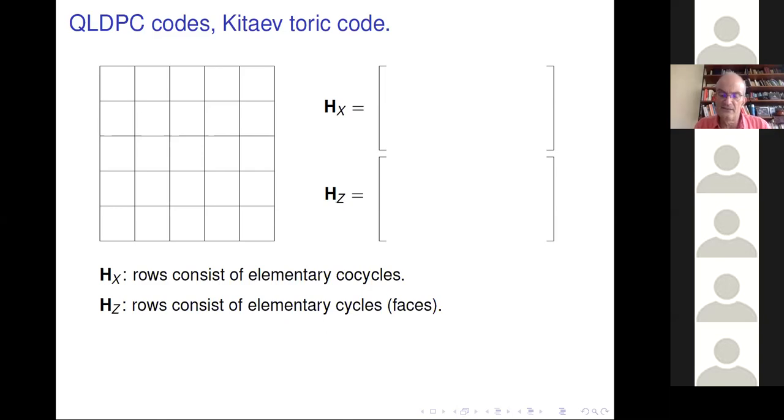And probably the mother of all quantum LDPC codes, the Kitaev toric code, fits this bill very well. So again, pretty much all of you will know how it works, but let me remind you.